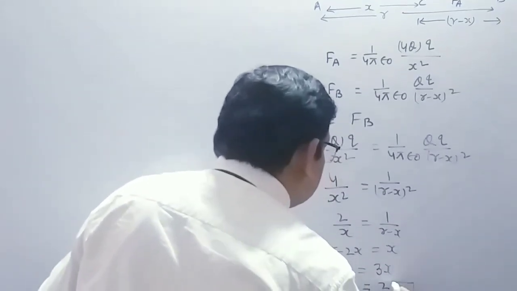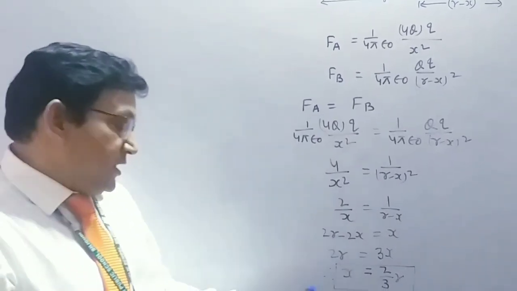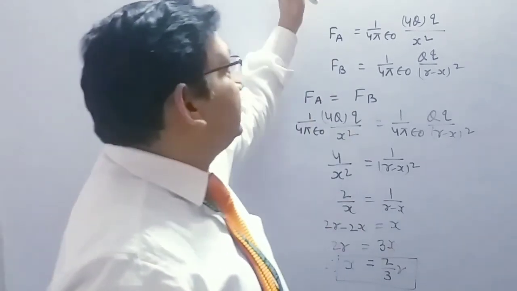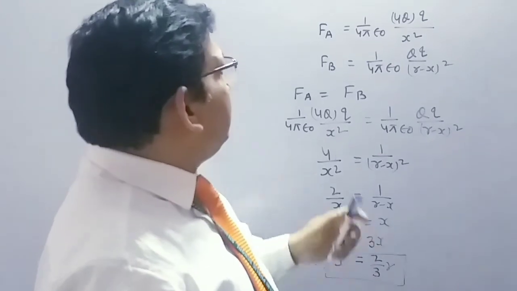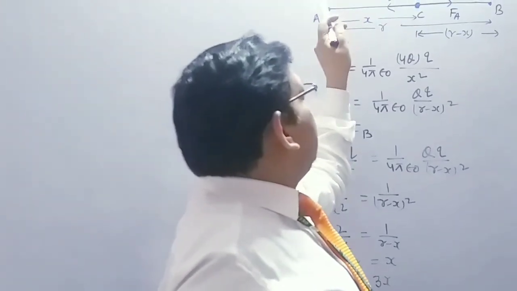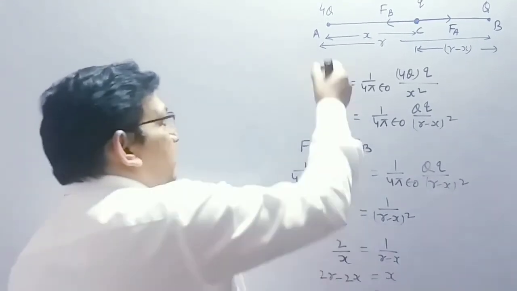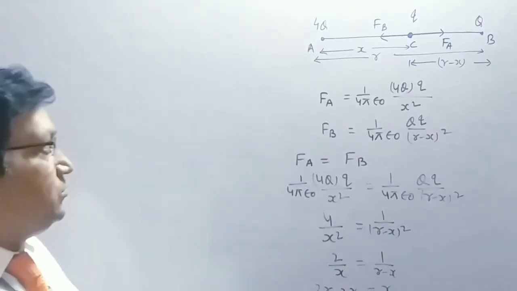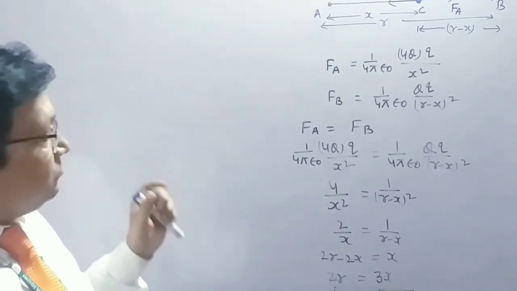So the third charge must be placed at a distance of 2 by 3 r from this charge. Got it? If the magnitude of charge, say here Q and q are equal, then where are you expecting the charge? If Q and q are equal, we are expecting that the charge q must be at the midpoint of A and B.